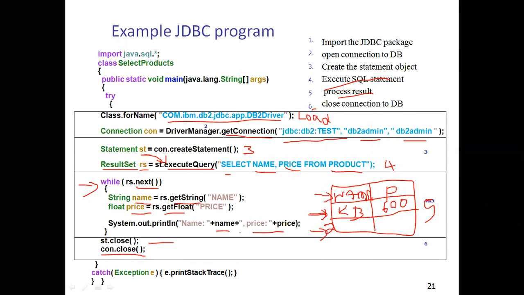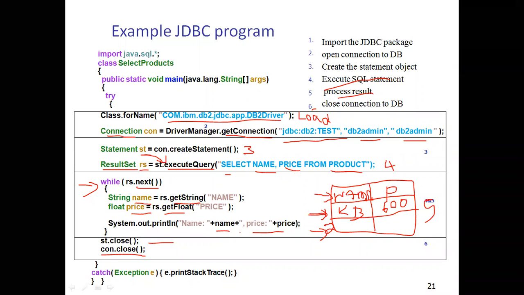In order to register the driver, you need to call the getConnection method of the DriverManager class. We know that in an interface all the methods are abstract, there is no implementation. So getConnection is a method specified in the Connection interface, but the implementation is in the DriverManager class.